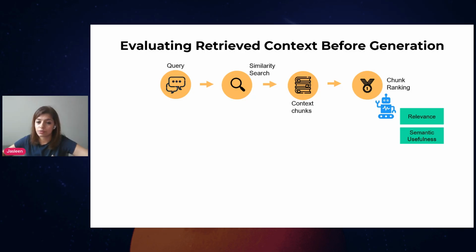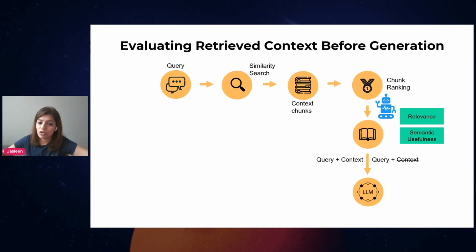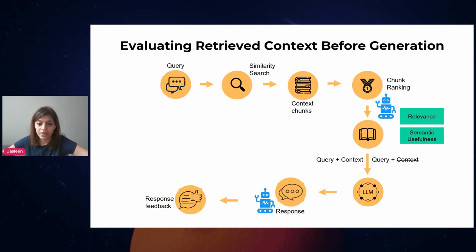Once this context has been cleaned and validated, we pass it along with the original query to the LLM for the generation. But here's the twist. We don't just take the LLM's response at face value. We bring the agent back for a second round.